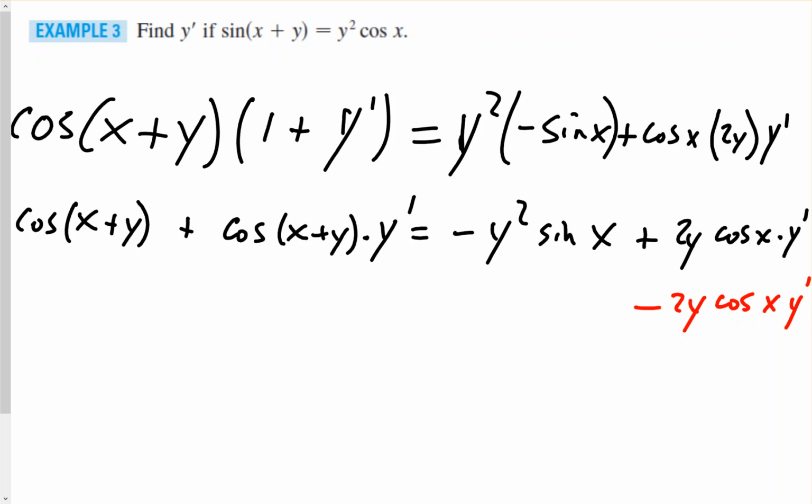So we'll bring that to the left. We'll bring the cosine of x plus y to the right.